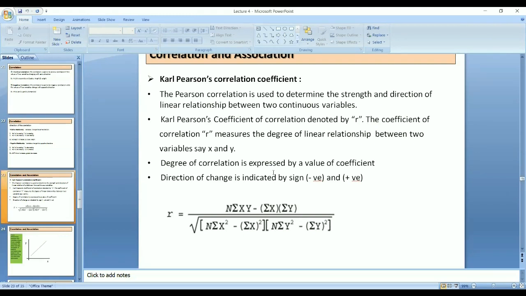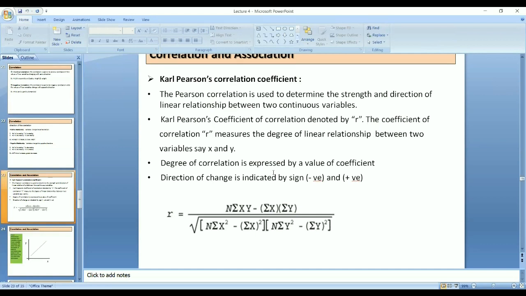When you have the two variables, we can put all the values in the formula. You will get some value that will be positive or negative. On that basis, we can decide whether this is a positive correlation or negative correlation. So this is the formula for the correlation coefficient.